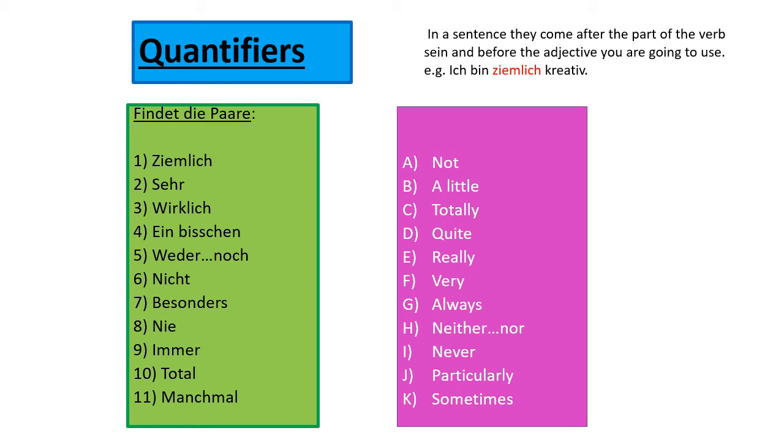When you want to use them in a sentence, you would have your "ich bin" or "er ist" or "sie ist" at the start of the sentence, then one of these words, and then your adjective to describe the character at the end. So for instance, you could say, "Ich bin immer fleißig", I'm always hardworking. "Er ist wirklich lustig", he is really funny, and so on. We're going to use these all together in the next listening task.